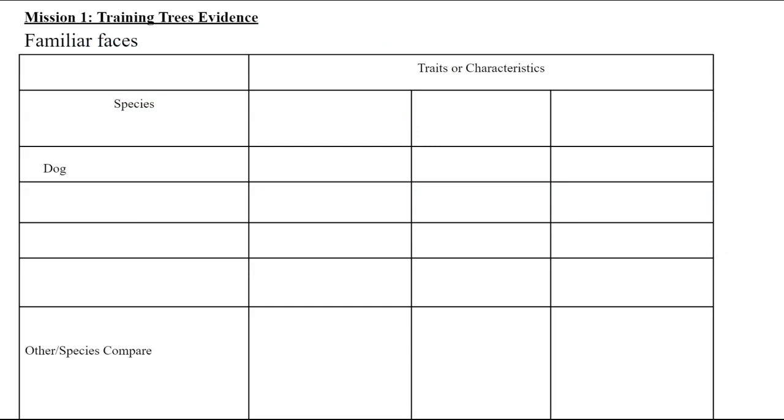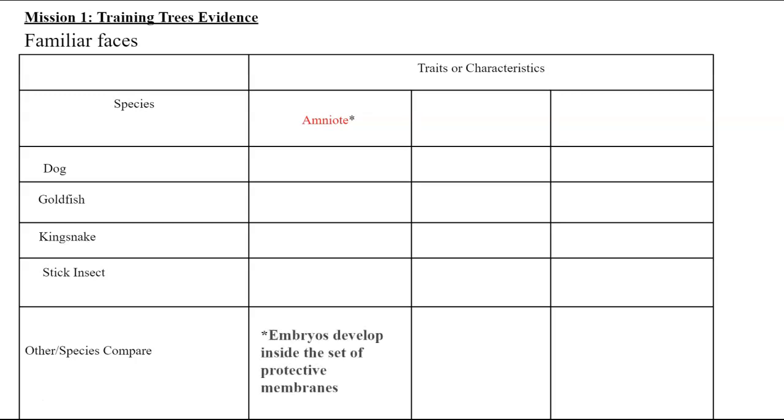All right, let's fill out the data table. Again, we start with the organisms: dog, goldfish, king snake, and stick insect. Then I put the traits that I picked out from the magnifying glass piece. Amniote, all that means is this is an embryo that develops inside a set of protective membranes. I added a little note to myself in each of these data tables.